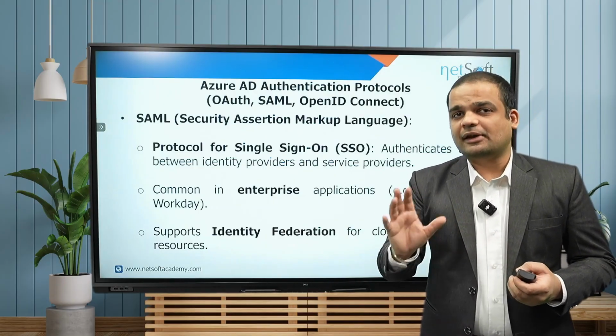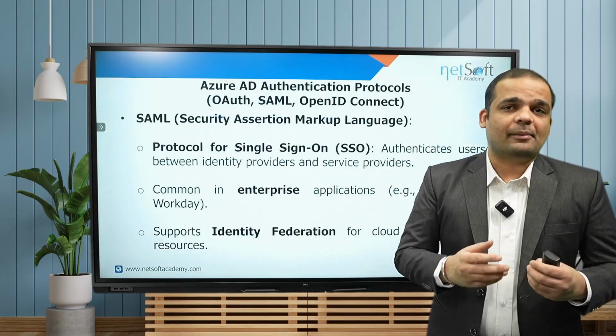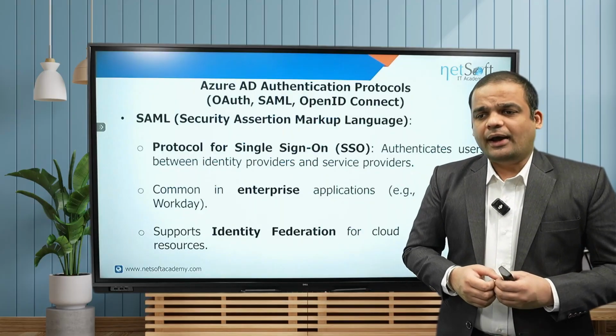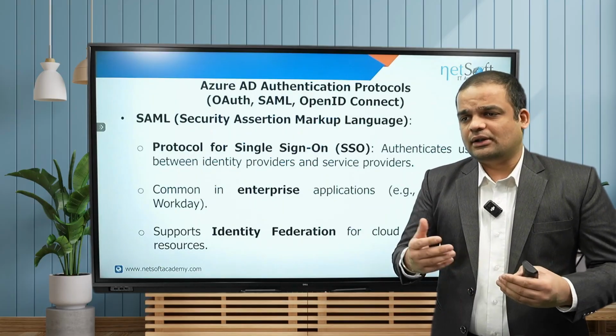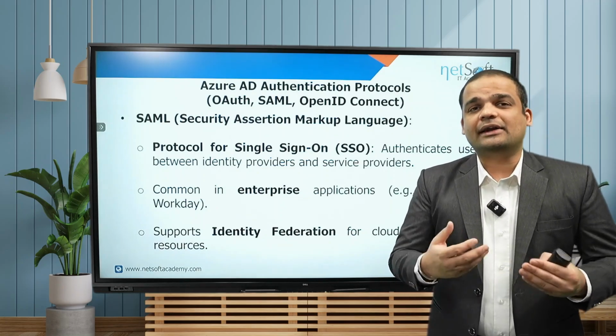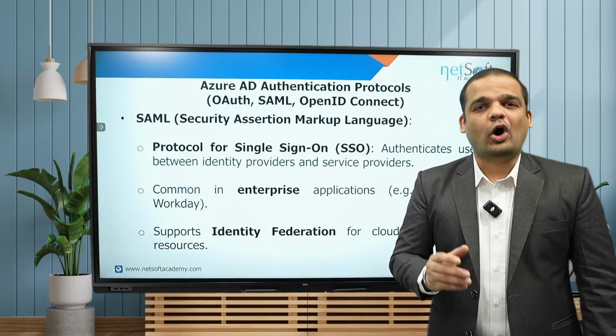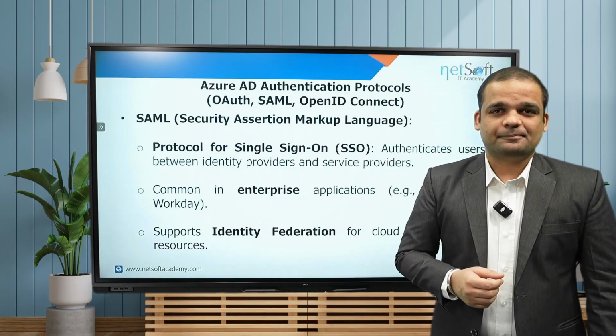First, the enterprise application must be registered, and if it is done like that, then SAML can be used. Enterprise applications can be like Salesforce or Workday. It also supports identity federation for both cloud as well as on-premises resources.